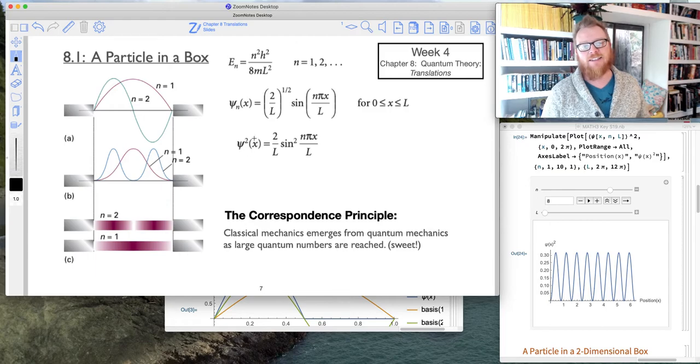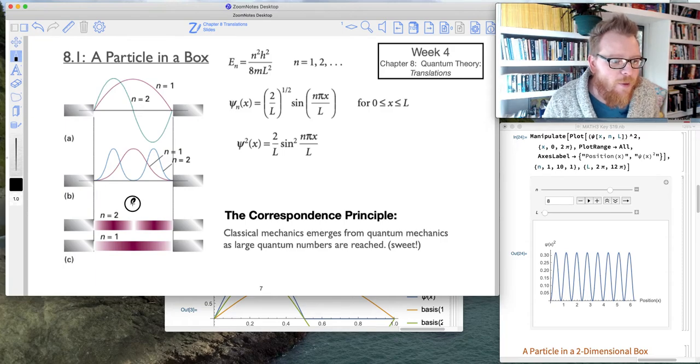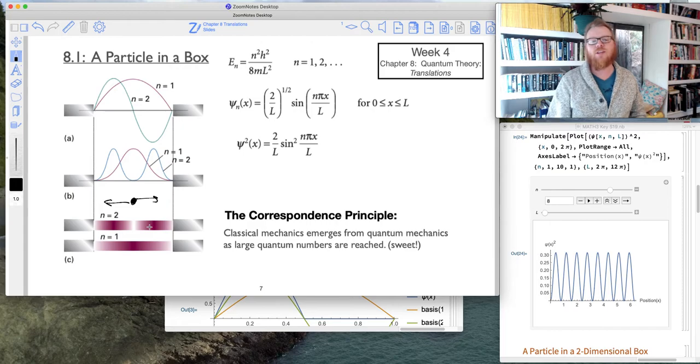If I look at psi squared, you can see it's establishing the same thing that I'm showing you here with this picture. Keep in mind, we're talking about a particle that's moving back and forth. Something really cool happens when we crank up this n value, and I want to demonstrate that over here.